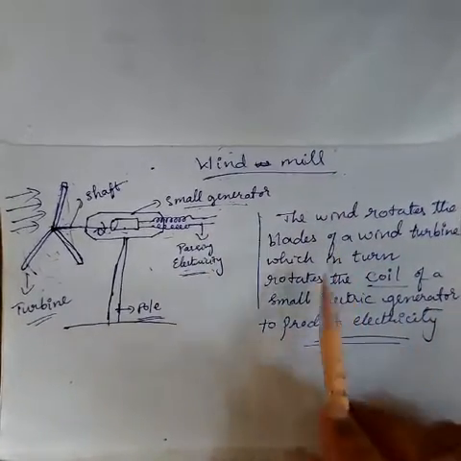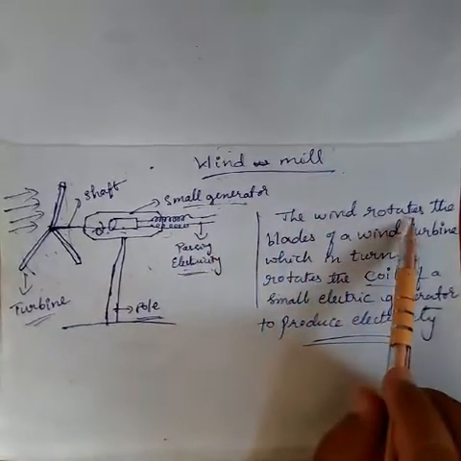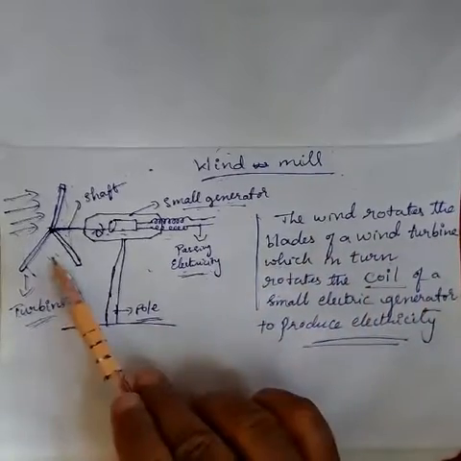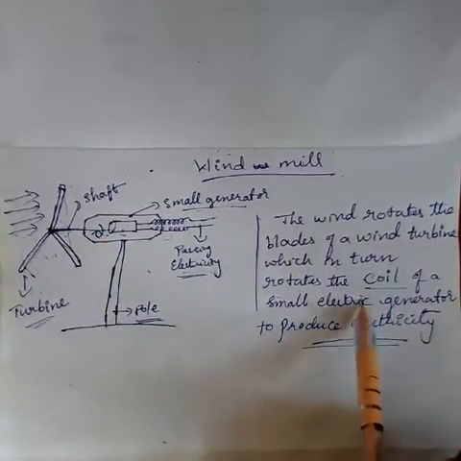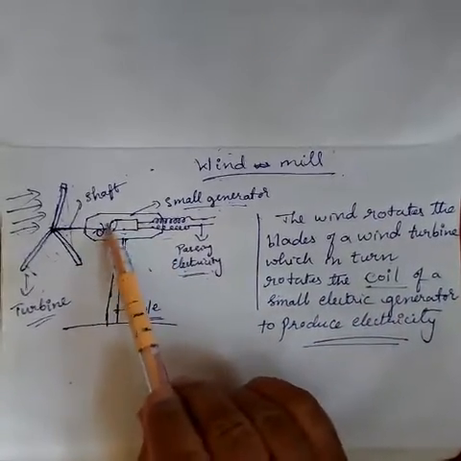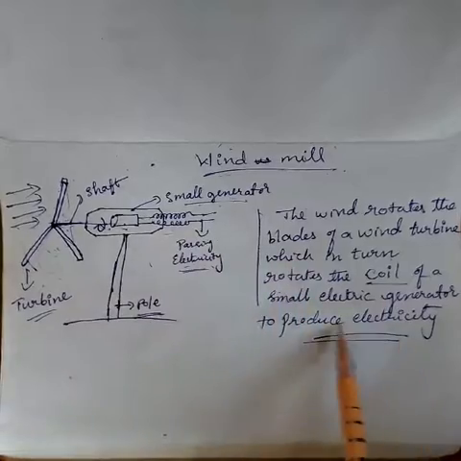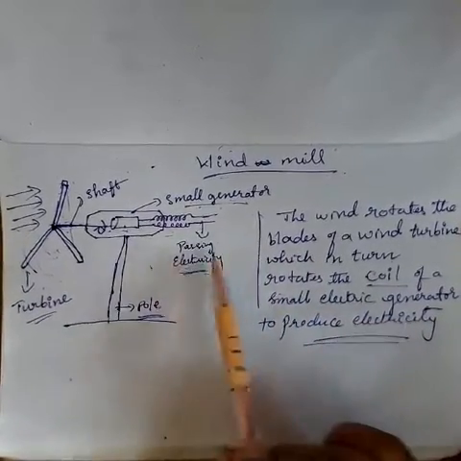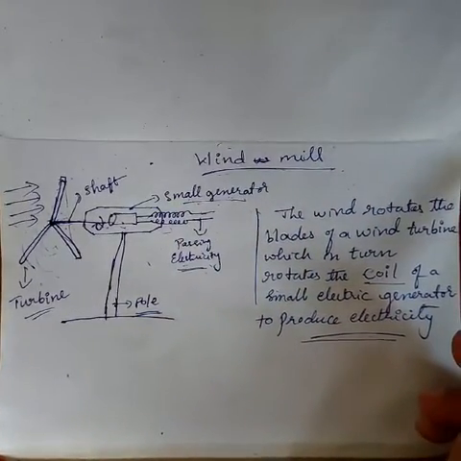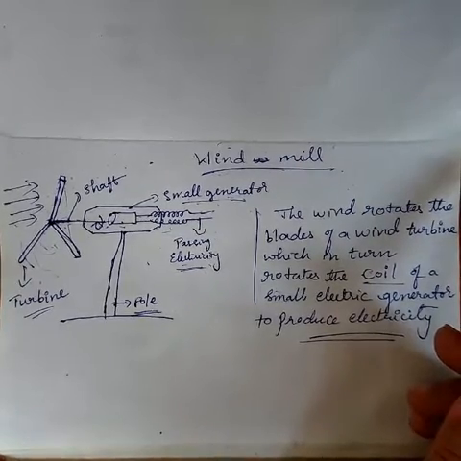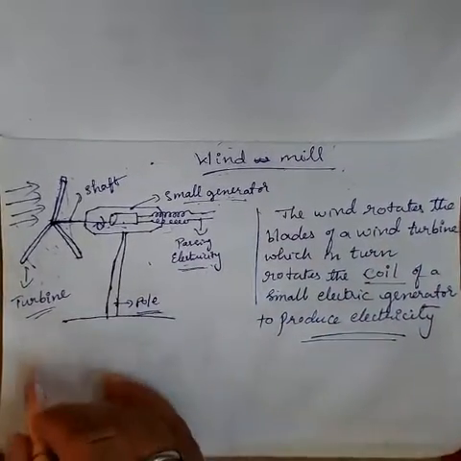So this is enough for what a windmill is. The wind rotates the blades of a wind turbine, which rotates the coil of a small electrical generator, and the mechanical energy is converted into electrical energy, producing electricity. This is about windmill formation. The definition of wind: moving air is called wind.